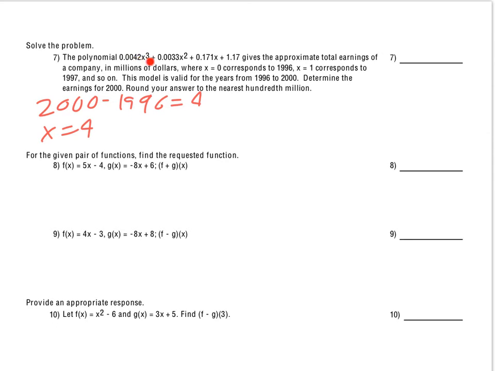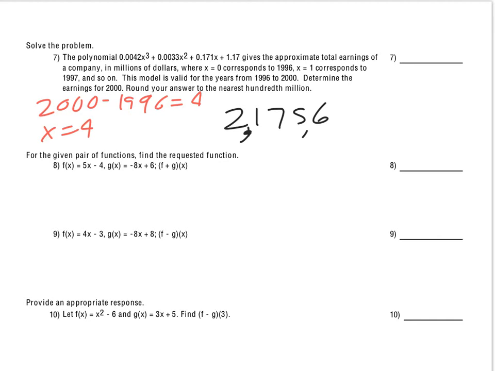So what we do is we'll just replace all of the x's in our model with 4. And again, with these numbers, we're going to let the calculator do most of the work. But again, replacing those with 4, and we should be coming up with $2.1756. So it's $2.1756 million. So we could either write that out, or you just put a comma there.